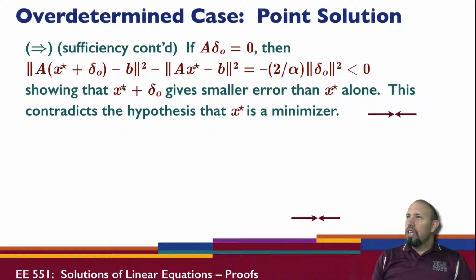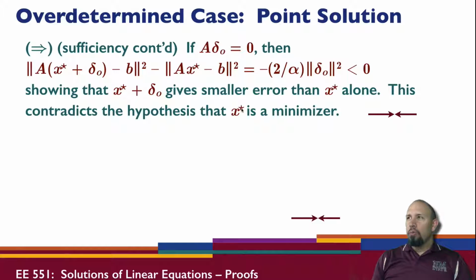That shows that x plus delta gives a smaller norm than A x star minus b does. So that means this quantity gives a smaller minimum than this, which means that x star is not the minimizer. We contradict the assumption that x star is the minimizer.